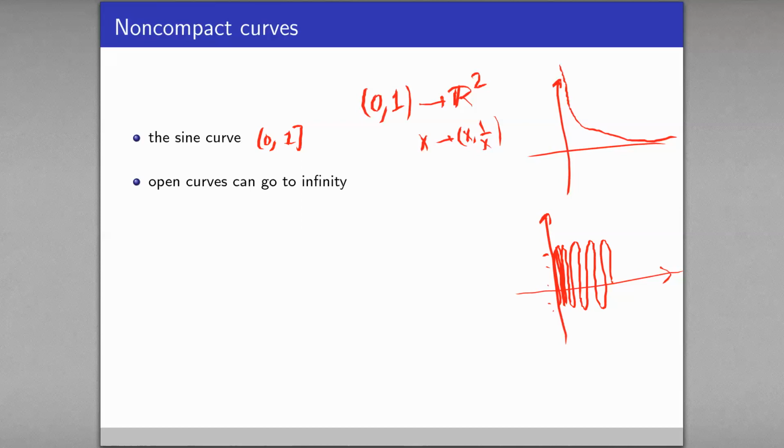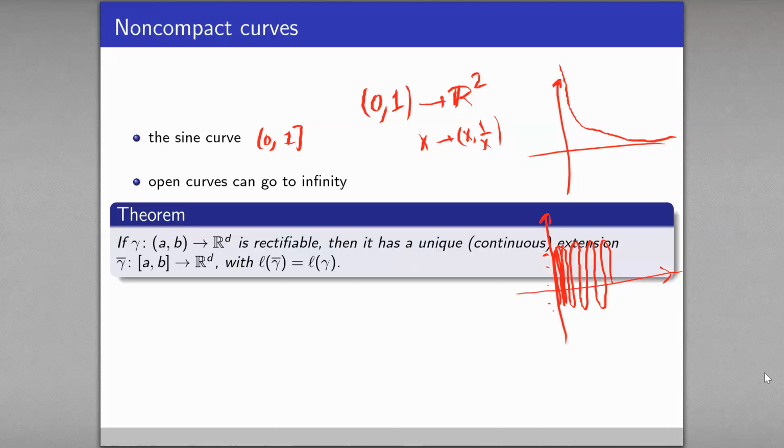Remember, we mentioned that the length definition makes sense for open curves. You just do not include the endpoints in your partition. So it's still the same definition, and you can again define rectifiable to mean having finite length.